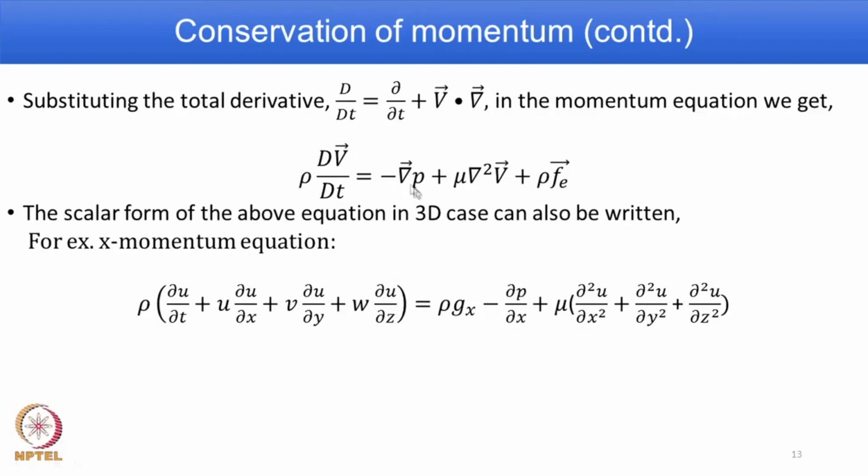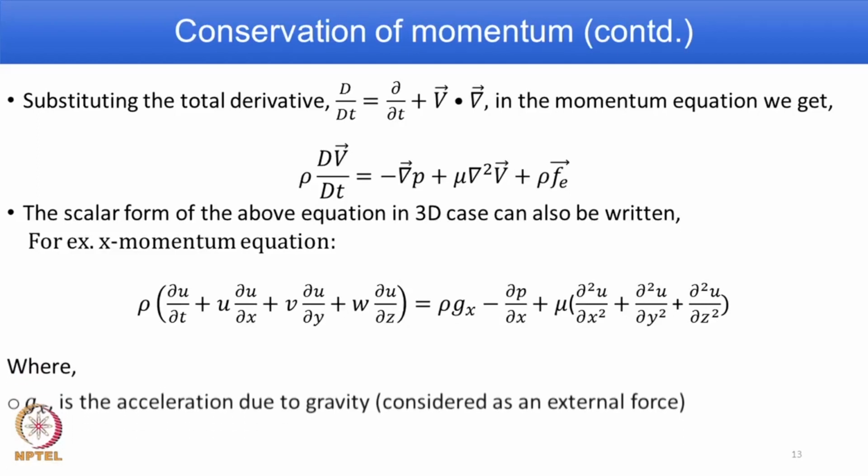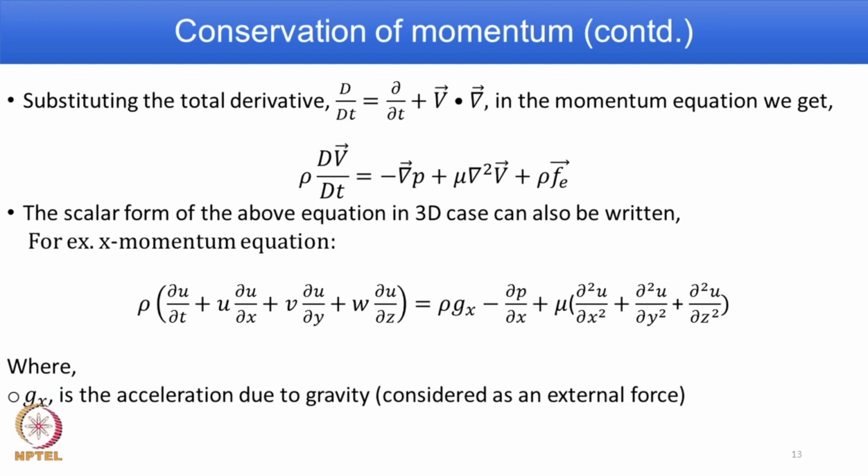The pressure term dou p by dou x is appearing here, the viscous force is appearing here, and then the external force is considered as the gravity force, and we take a component, you get rho into gx, where gx is the acceleration due to gravity, which is considered here as the external force.